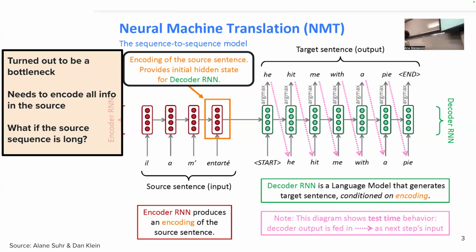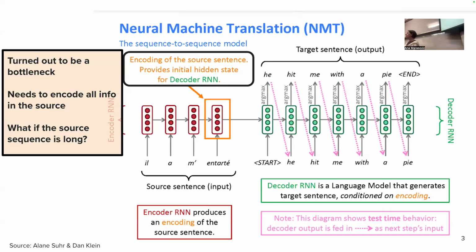And then another issue here is that at different decoding steps, different parts of the source sequence are relevant. Remember when I was telling you how initial approaches to machine translation were trying to learn word alignments, right? Knowing that this word means this word in another language, and you try to learn these alignments and then predict which word in the target language will be aligned with the word in the source sequence.